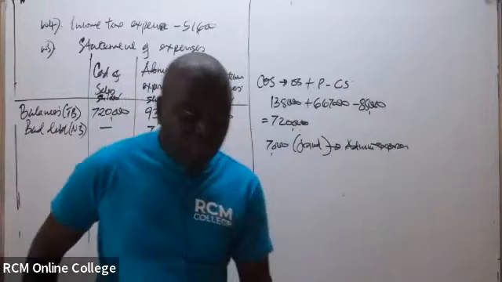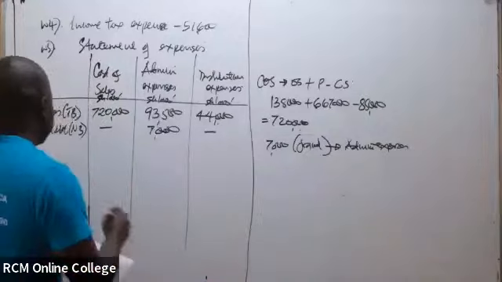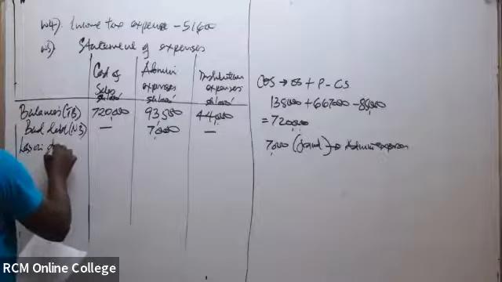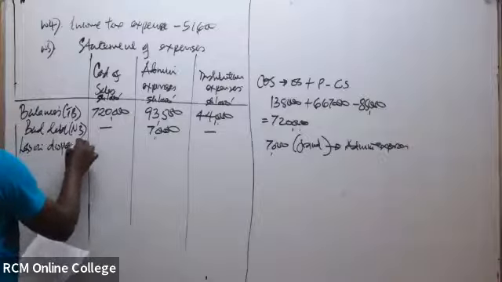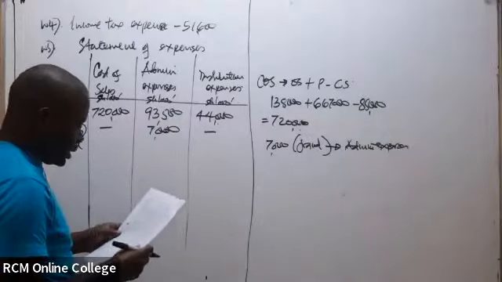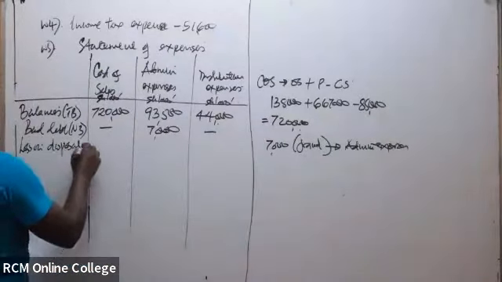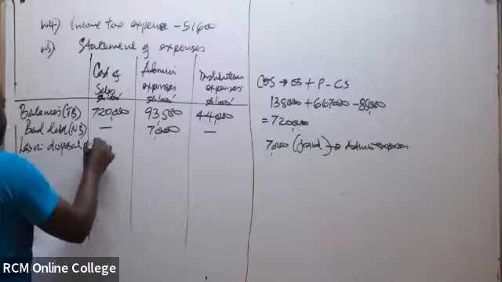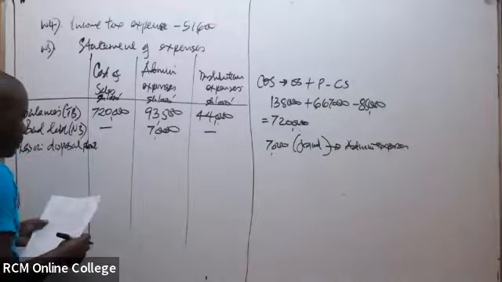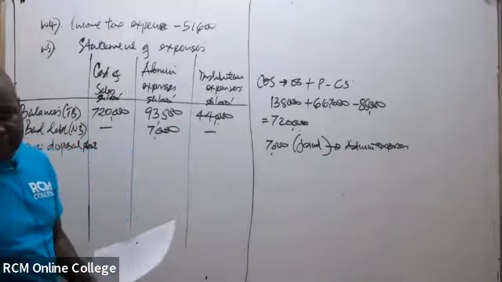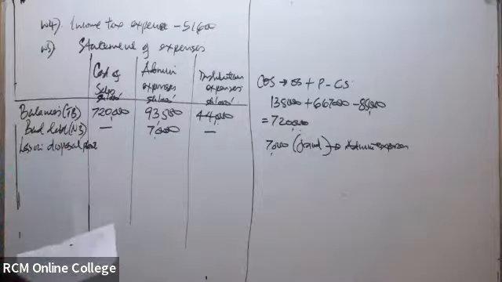Then there was a loss on disposal. Remember the loss on disposal, where I indicated that it will go to the cost of sales. Loss on disposal of plant, we computed it under working number 1.